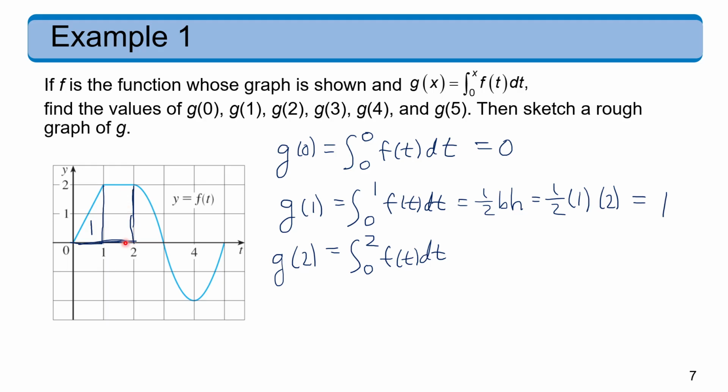So breaking it into these two pieces, we could view this as a triangle plus a rectangle. And we've already found the area of that triangle, so now we need to find the area of this rectangle. So it is 1 unit for the base and 2 units for the height. So the area of that rectangle is, right, it's 1 times 2, which is 2.